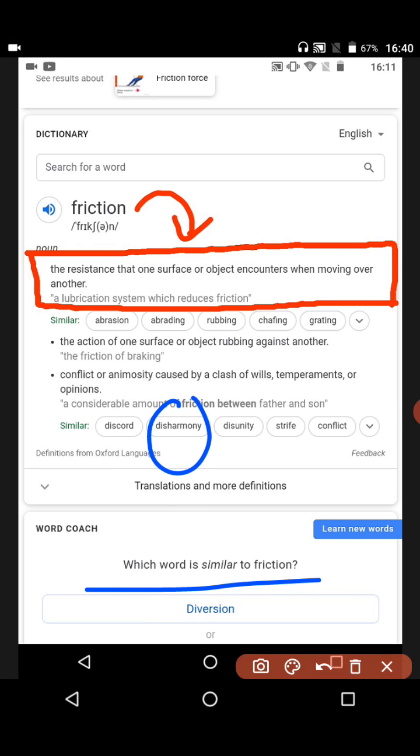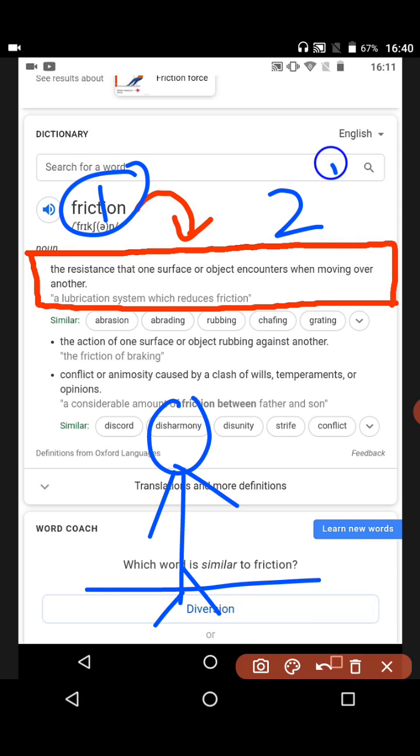One person is standing, and another one is moving over it, that means there are two persons. So two objects or two bodies are there for friction. When he is walking, there is some friction.